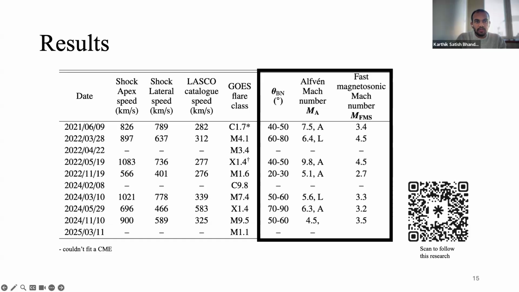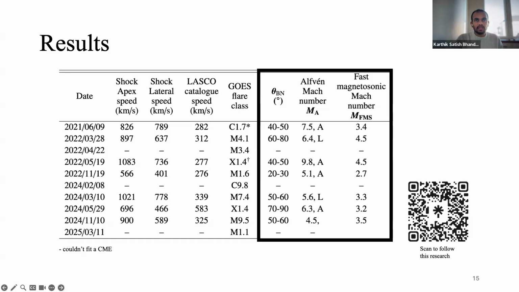If you are assuming a spherical shape, then you are just calculating the radial distance at the flank and at the nose of the CME, which will be almost the same. I just wanted to know how you interpreted that.